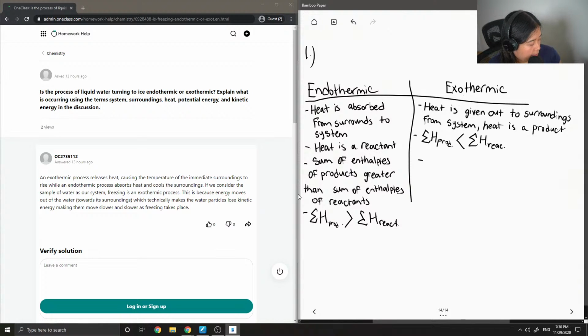I'll also note that for an exothermic reaction, the delta H of reaction is less than 0, so that means it's negative. And in endothermic reactions, the delta H of reaction is greater than 0, so it's positive.